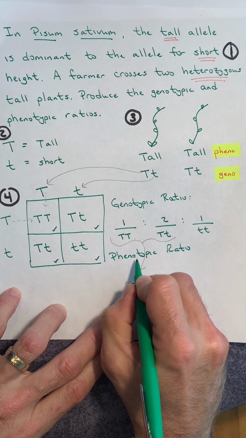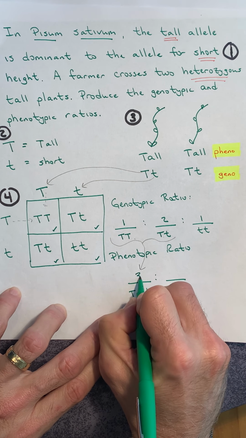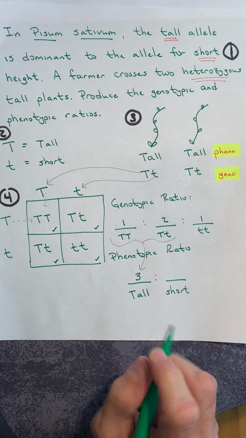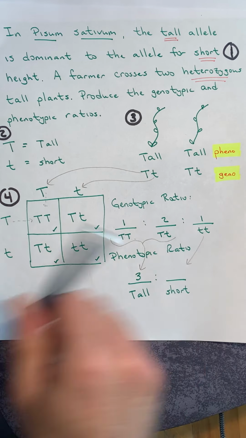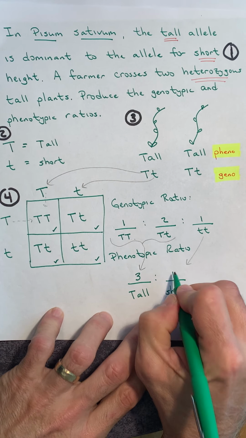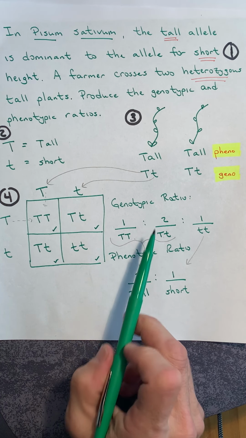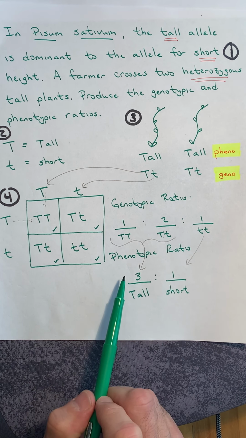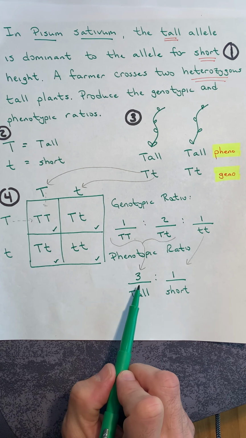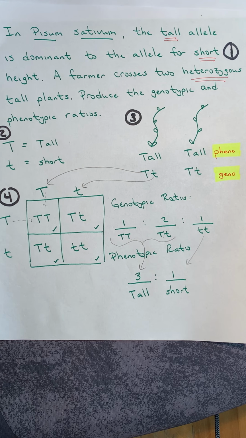They're both, actually all three of them, they're all tall. Then you go over here, and this individual with this little t is short. So while your genotypic ratio is 1 to 2 to 1, your phenotypic ratio is 3 to 1.